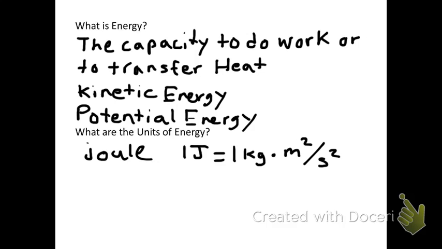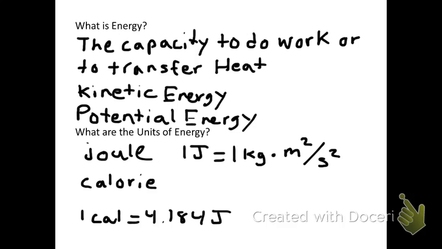We also use what is called the calorie. A calorie is equivalent, so 1 calorie is equal to 4.184 joules. Alright, so again, 1 calorie is equivalent to 4.184 joules.